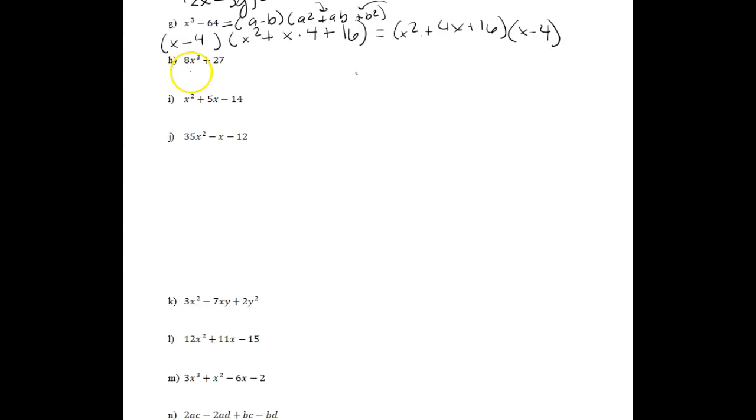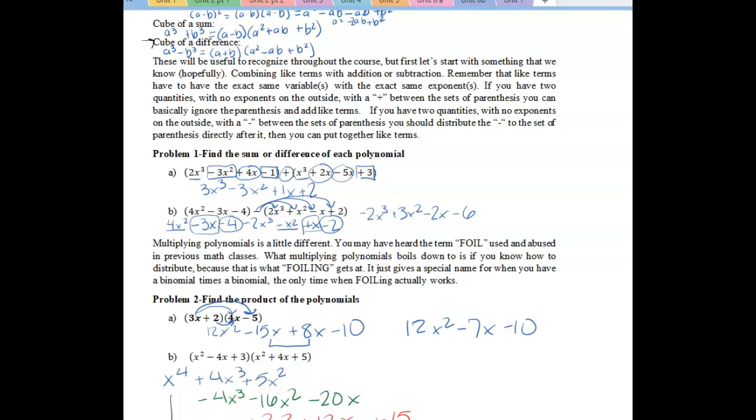So I've got next 8x cubed plus 27, so I'm looking to see, hey, those are both cubes, so I'm probably going to be using the sum of a cube, which I do believe I've got up top. Alright, so now I've got a minus b times quantity of a squared plus ab plus b squared.